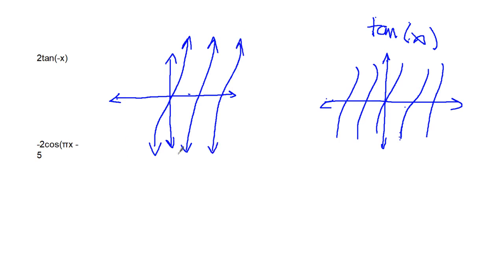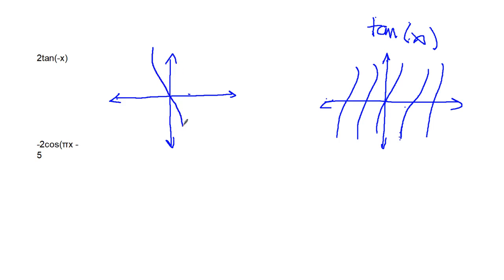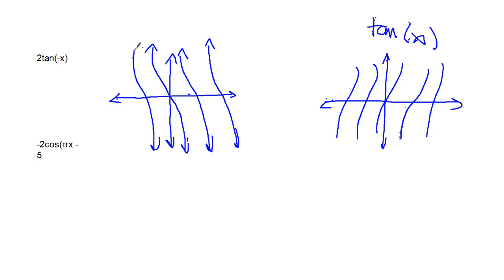Oh god, no. That's wrong. It's a reflection upon the x-axis. So it's like this, and then it's obviously a 2 times vertical stretch. So it looks like this, right? It still looks like a bunch of falling noodles, just the other way.